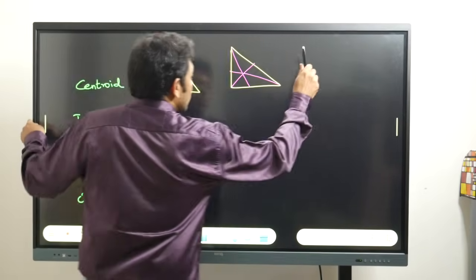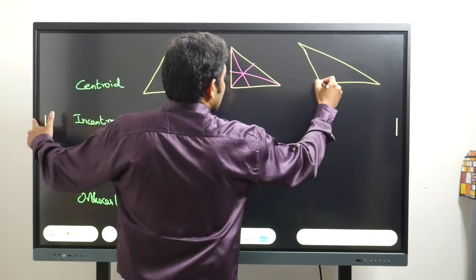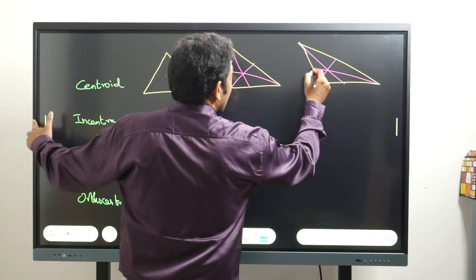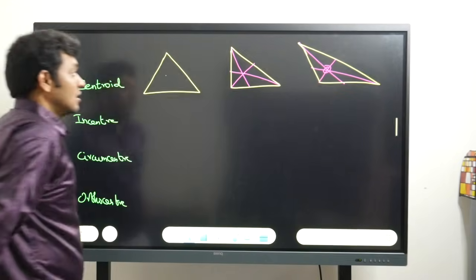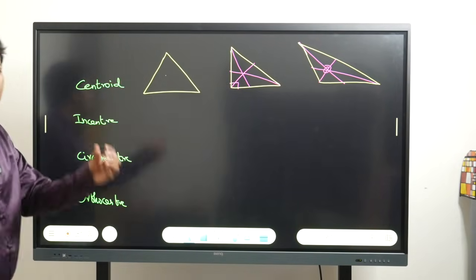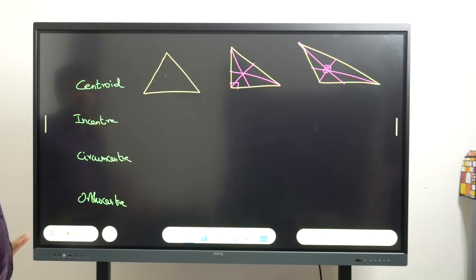Same goes for obtuse angle triangle. You take the midpoint and join, it's going to be inside. So acute, right or obtuse doesn't matter, because my center of gravity has to be inside any object. My centroid will be inside for any triangle.